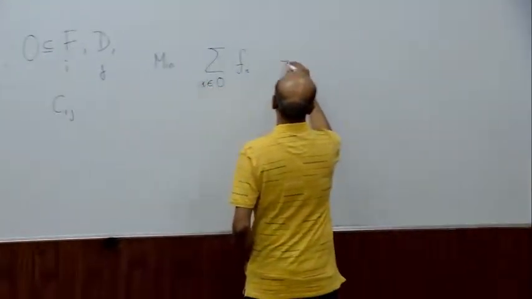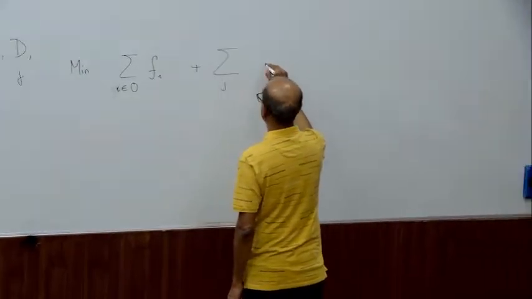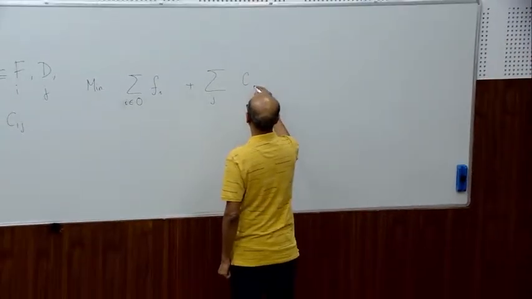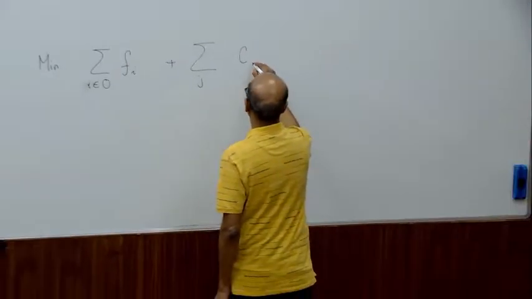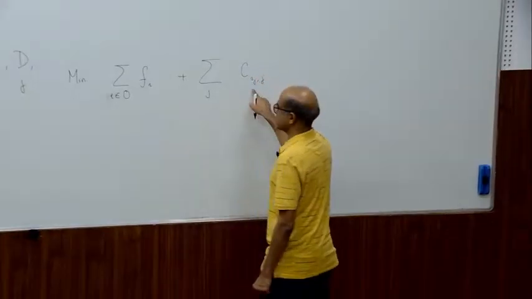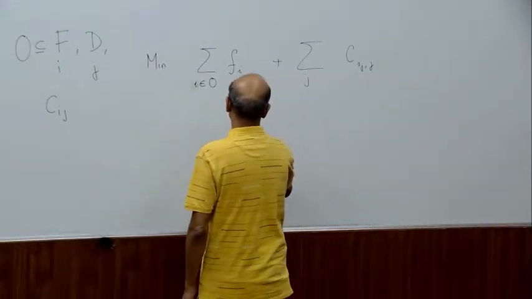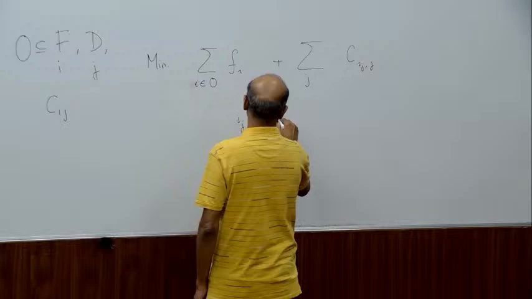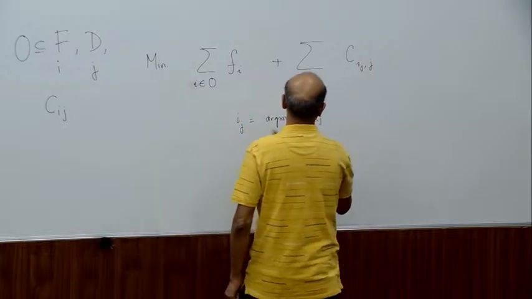So plus the sum over all demands j. How much distance will j travel? It will travel c of the minimum one. Let's call this i(j), comma j. What is i(j)? It is the nearest facility, so i(j) is the min over i in O of c_ij.